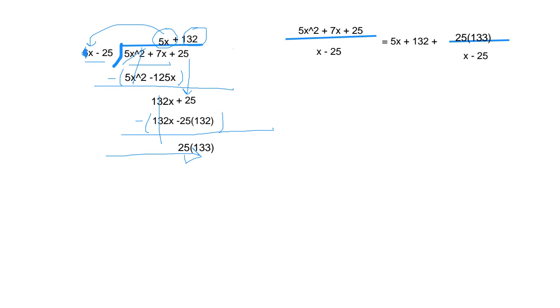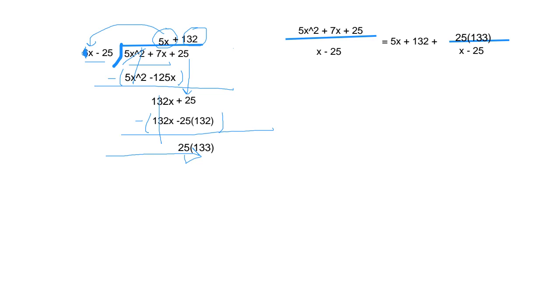I can write it this way, or this part can be read as a division. Or I can write 5x squared plus 7x plus 25 equals x minus 25, the divisor, multiplied by the quotient, 5x plus 132, then plus the remainder. What's the remainder? 25 times 133.